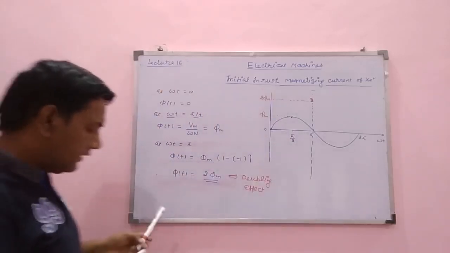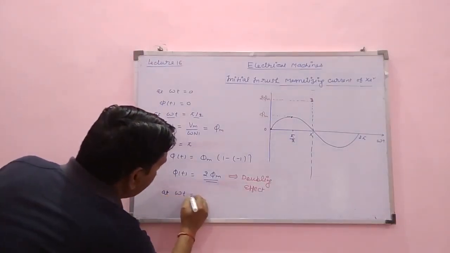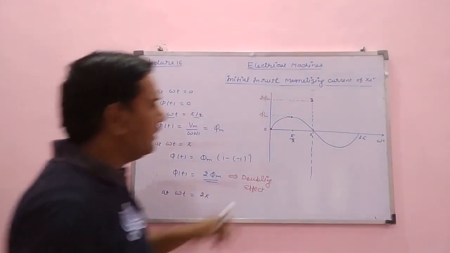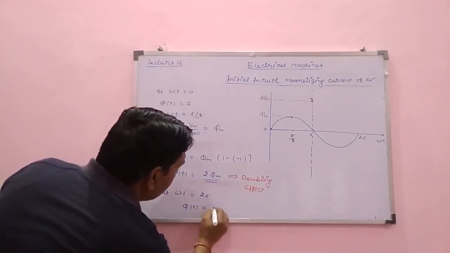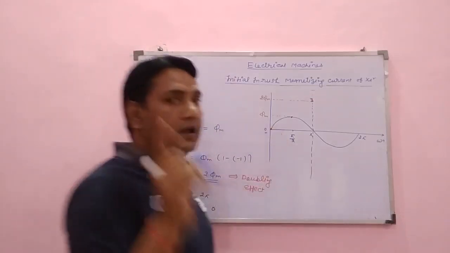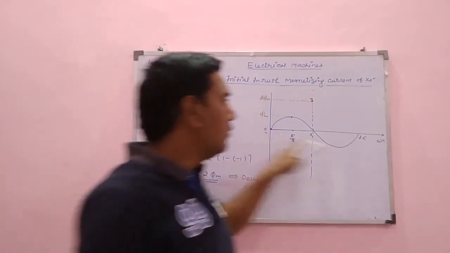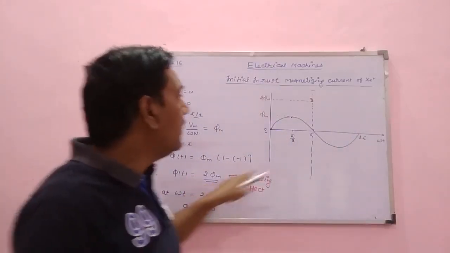Now the other value we will check at omega t is equal to 2 pi. So you can see here, when omega t is equal to 2 pi, the phi of t will be equal to 0. So at omega t is equal to 0, it is 0. At 2 pi it is 0, but it is double of the original value at pi.